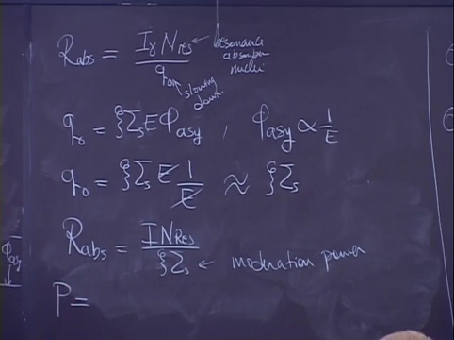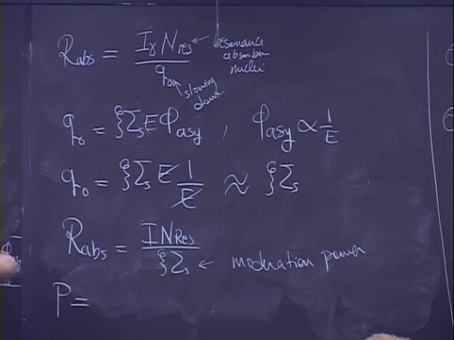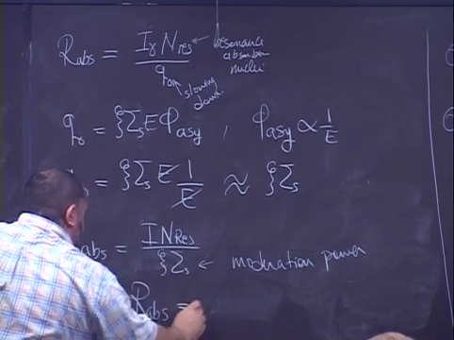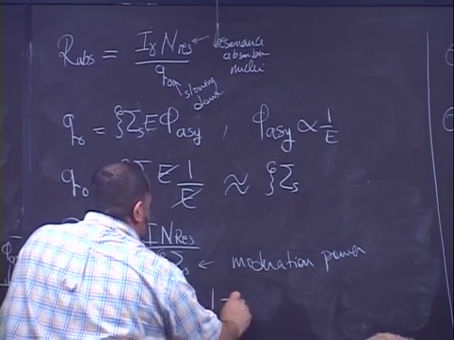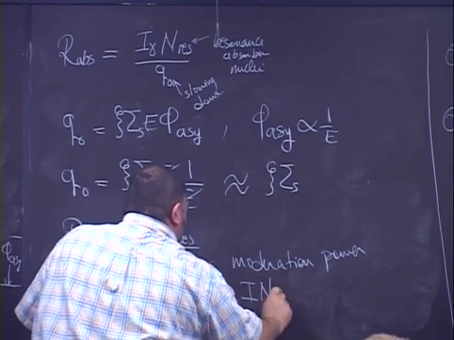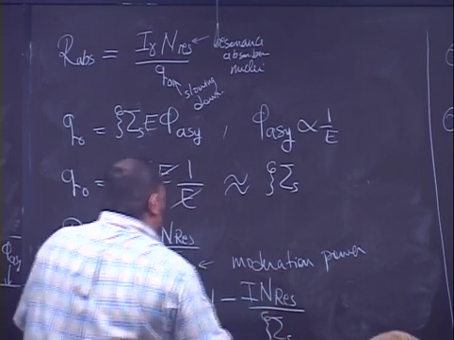So what's the resonance escape probability? This is the absorption probability, so the resonance escape is 1 minus the absorption. So this will give you 1 minus I N resonance over Xi sigma scattering.